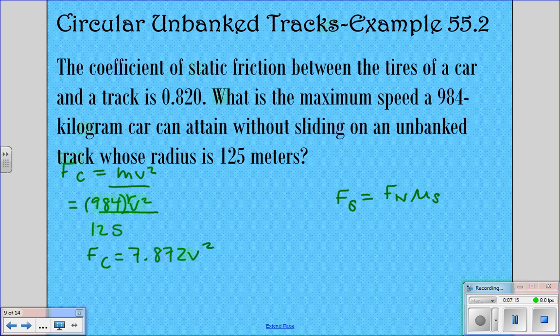They tell us that the mu is 0.820. And so our Fn is our weight, our mass, 984, times 9.81, and then times 0.82. I ran out of room right there, but that should say 0.82.